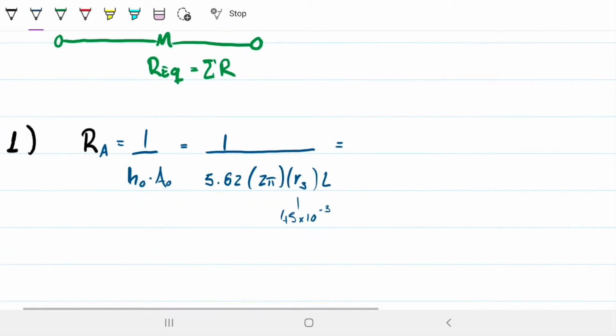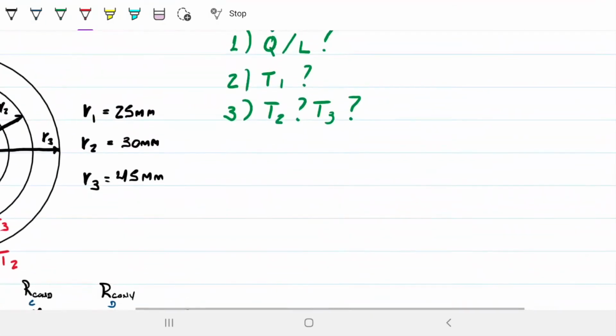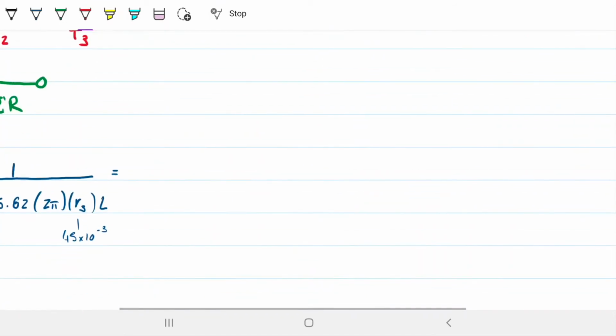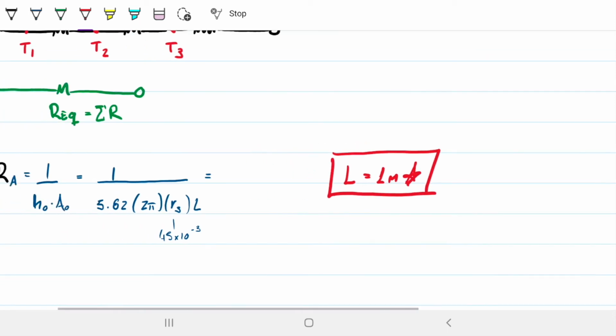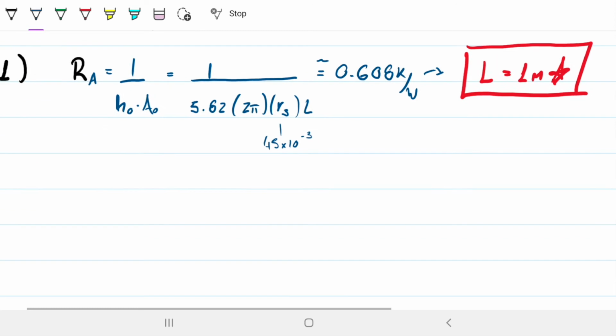And then at this point, because I'm looking for the heat per unit length, I'm going to assume the length of this pipe is 1 meter, right? So if it's 1 meter in length, I need to remember that I did this in the future. So everything I'm going to find is going to be assuming 1 meter length. So this guy here is approximately 0.608, and that is Kelvin per watt, remembering this caveat.